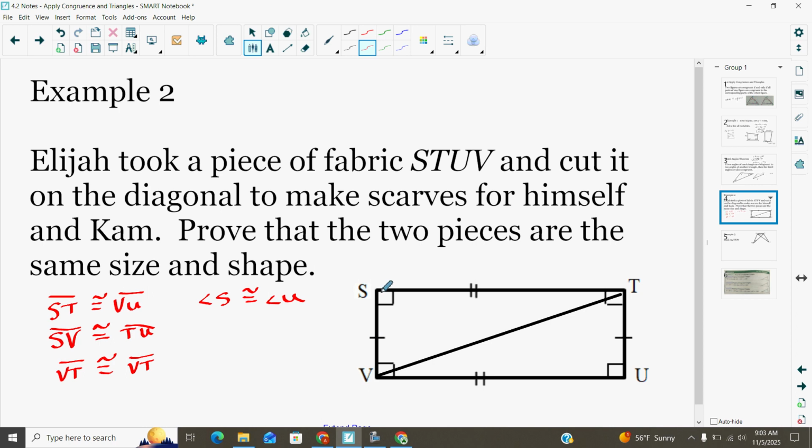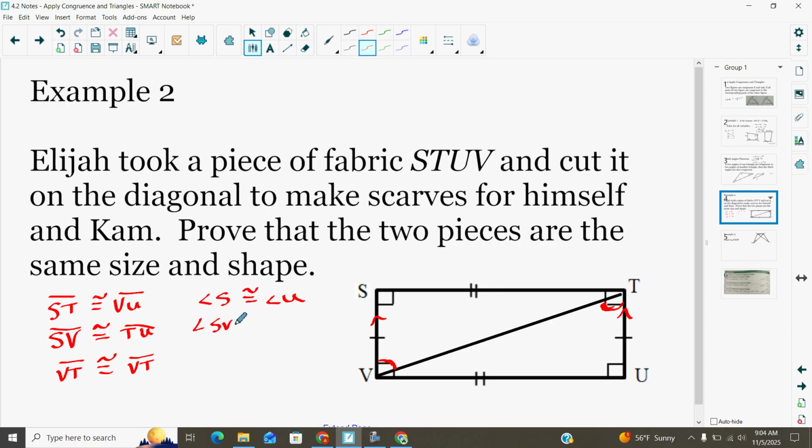And then because we have a rectangle here, we know these lines are parallel to one another. So let's look at angle SVT, this angle right here. Well, that's going to be congruent to this angle right here.